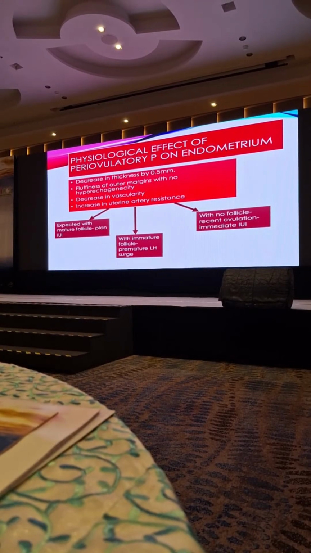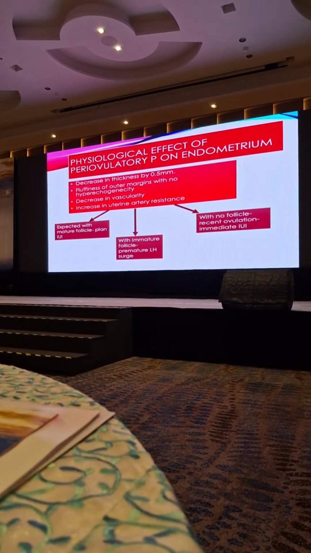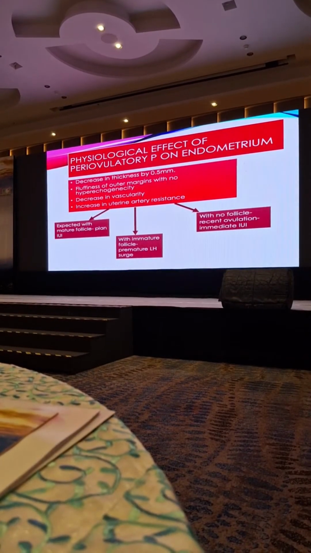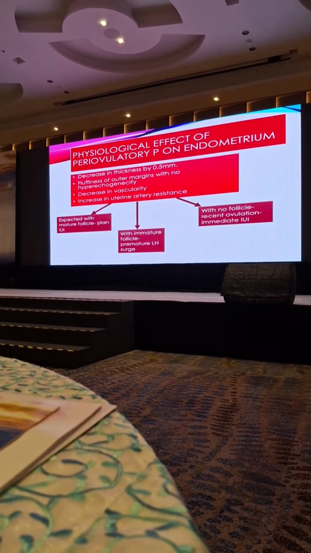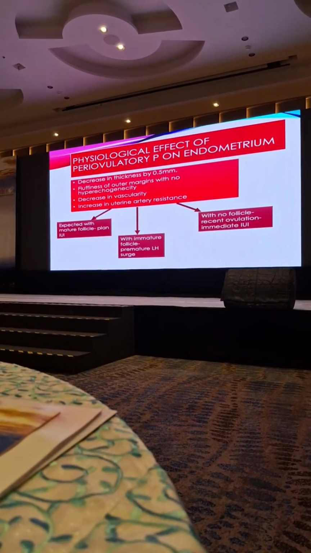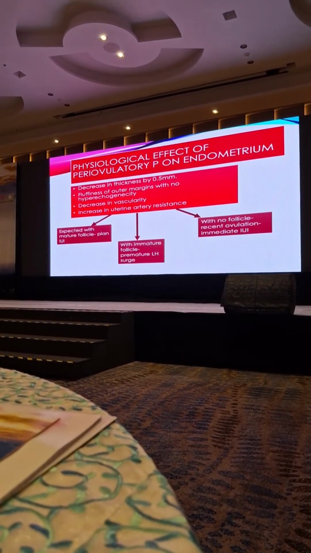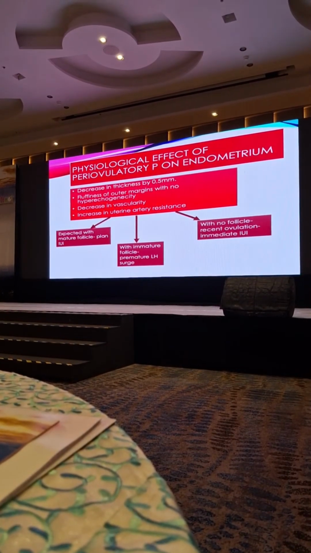If you see that the follicle has increased PSV and the endometrium also has these changes, everything is in line, everything is synchronized, so go ahead with your trigger and your planning, IUI or IVF.